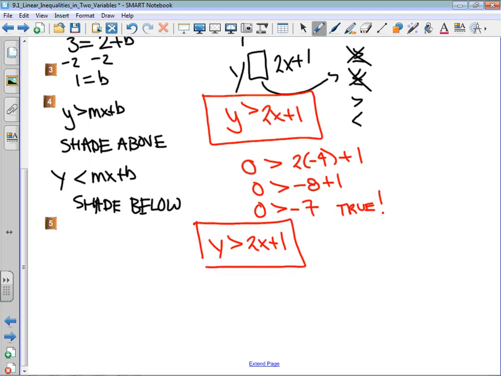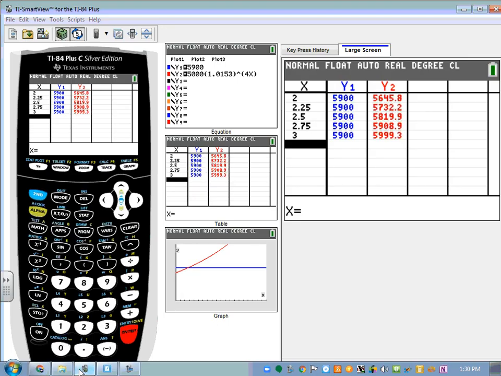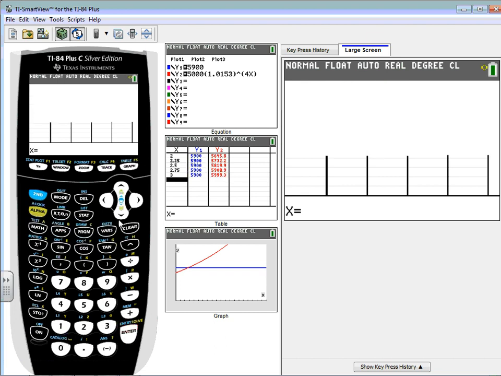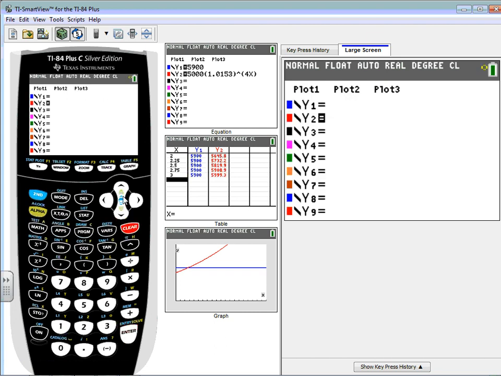Now, there is a nice, and again, it's not a cheat, but it's an exploitation of our calculator that we can use. If you want to make sure you did that inequality correctly, this is only going to work on your calculator if you have y isolated. You still type in y equals 2x plus 1, but then you put your cursor to where this little slash is. This is the type of line my calculator is going to use. Unfortunately, this is a TI-84 color, so it's going to come up with a little menu.